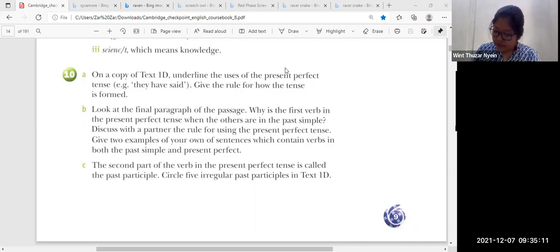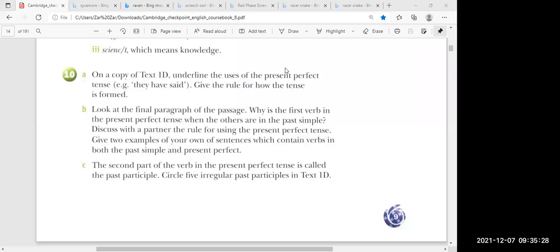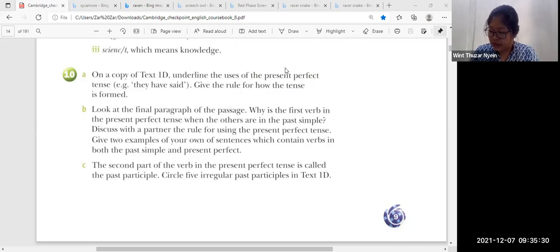Okay. So you will see that in the last paragraph, you will see the present perfect tense, and the passage usually is written in the past tense, but why is it present perfect? Do you see in the last passage, modern scientists have created such events under controlled conditions. So have created is a present perfect tense, right?